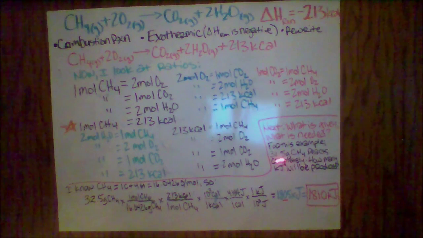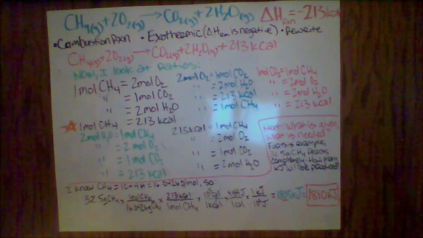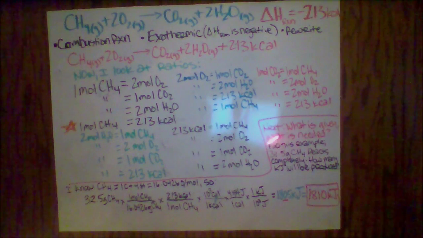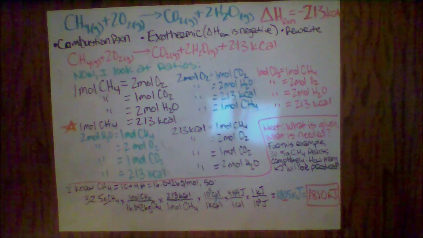Now it's asking how many kilojoules can we produce? Well, we're given it in kcal, so we know at the end we're going to have to convert to kilojoules. I'm also given grams of CH4, so I know that CH4 is equal to 1 mole of carbon plus 4 moles of hydrogen.